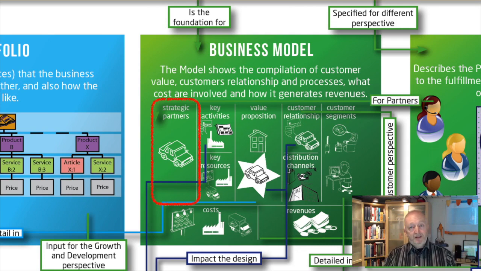Because when they see the truck pulling up in front of their office, you want a nice truck to deliver your goods. Not a filthy, worn truck that is polluting, where everything is bad with the experience your customer has when they see your strategic partner. So falling back to the key activities, the processes that you design, it's your responsibility to set up the requirements for your strategic partners as well.